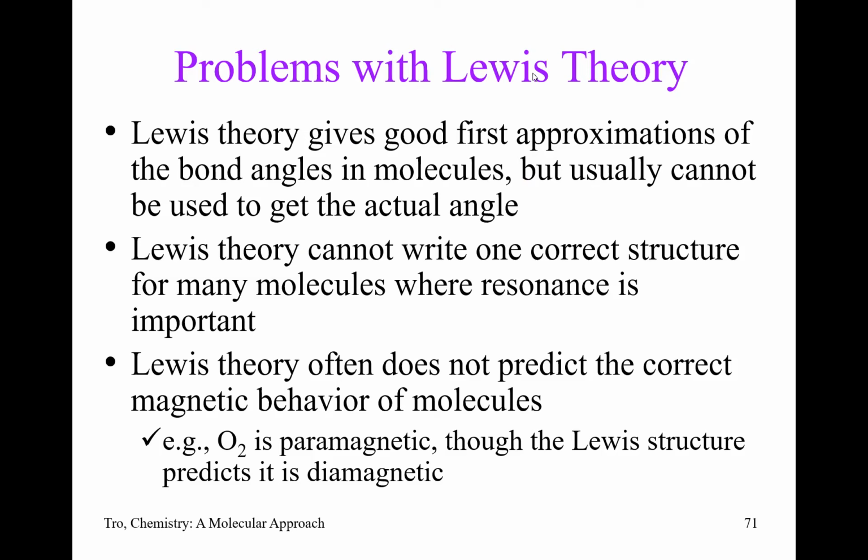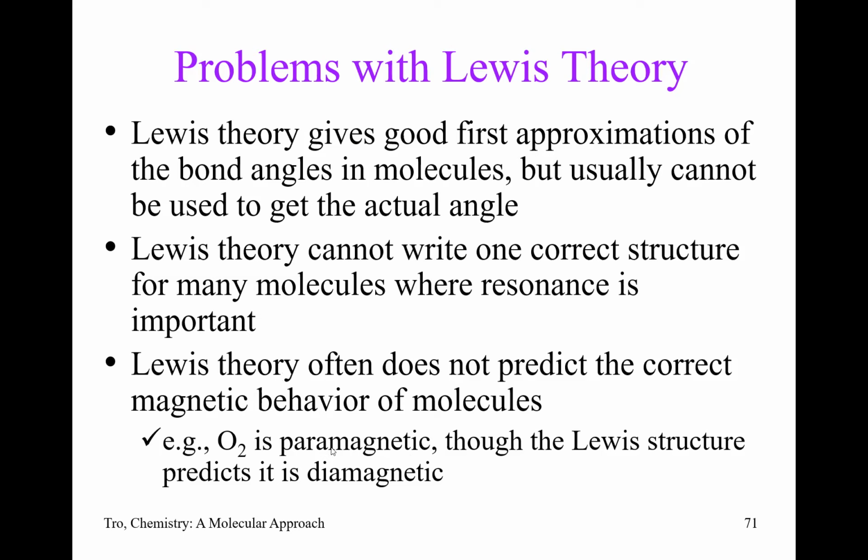So Lewis theory is the basic theory. You can see that here, good first approximations. Resonance, but it fails in some of these electronic behaviors and a few other things that we'll see.